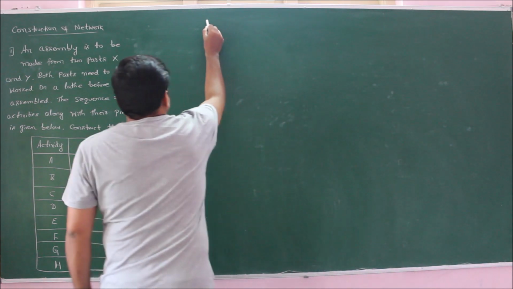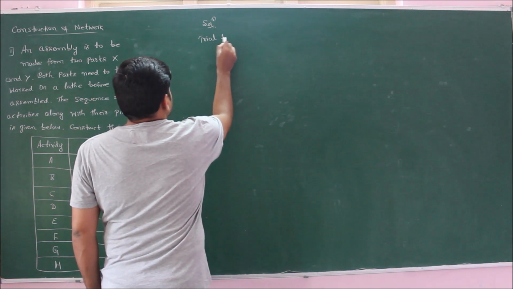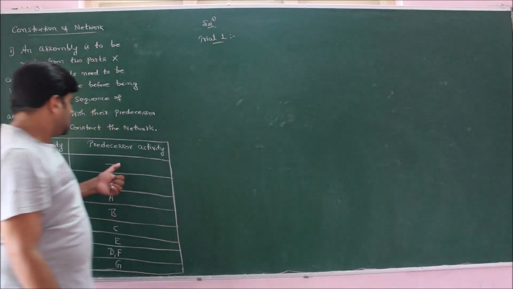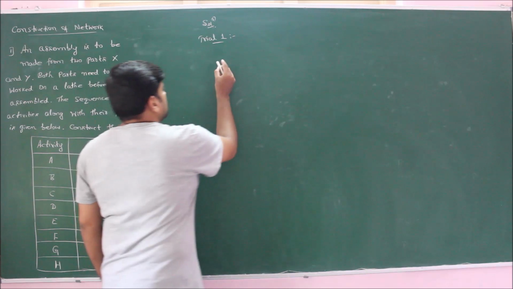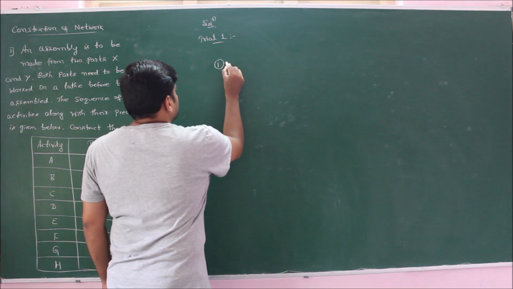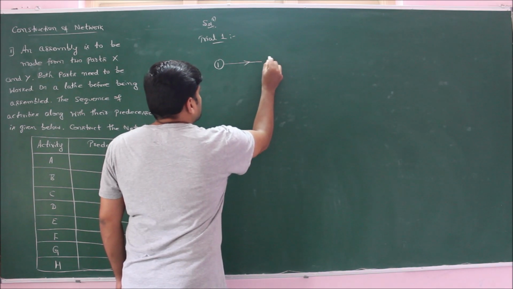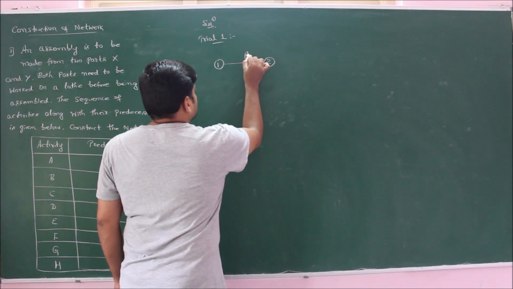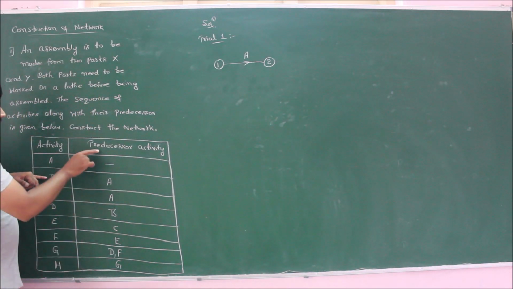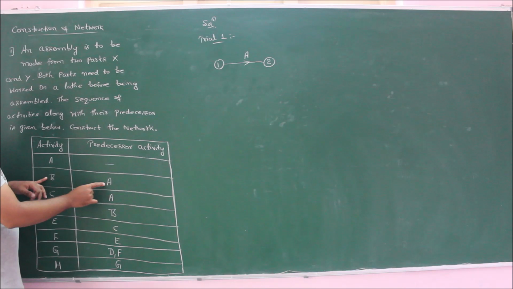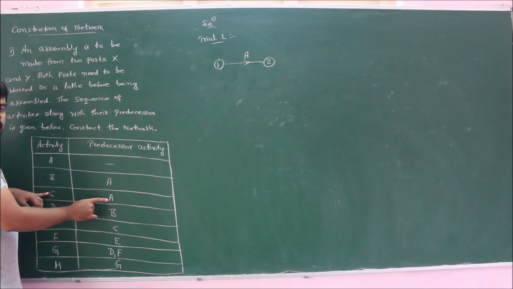Moving to trial 1, as no activity is coming in for activity A, let us have event 1 and event 2, which is nothing but activity A. Now for activity B, the predecessor is activity A, and for activity C, the predecessor is the same, activity A itself.